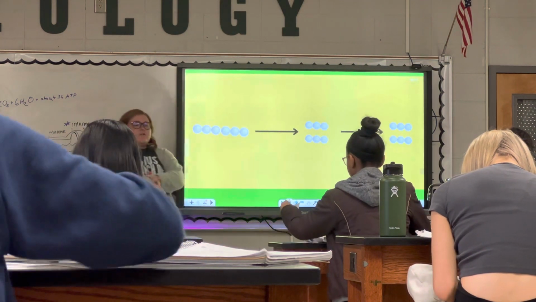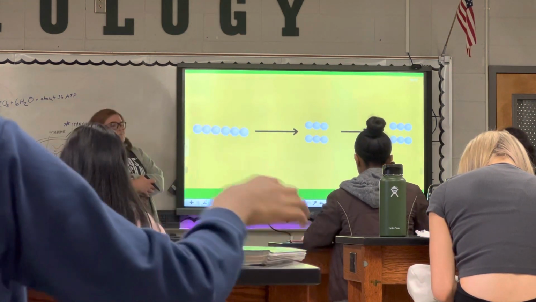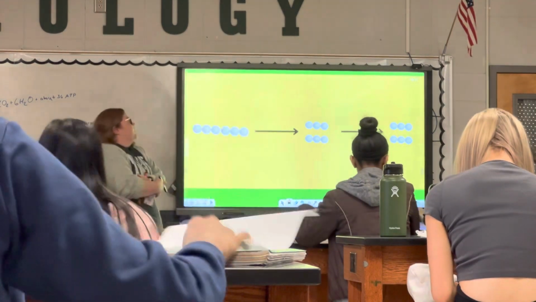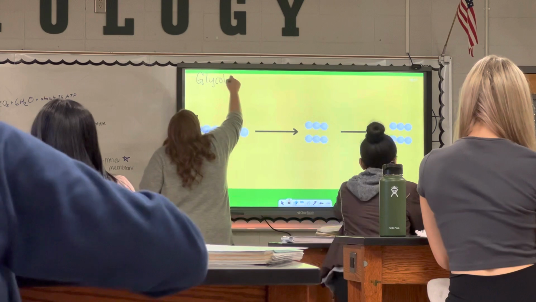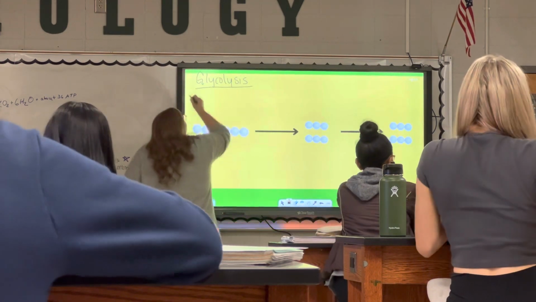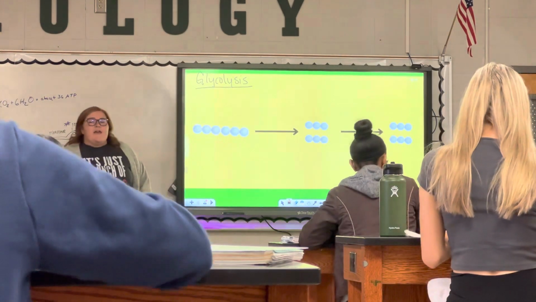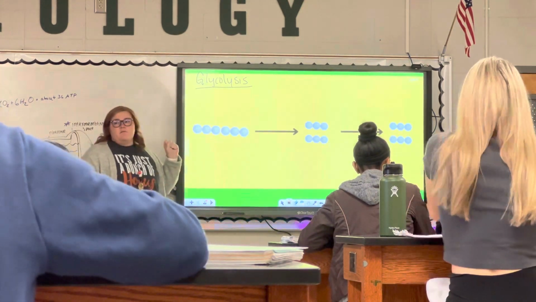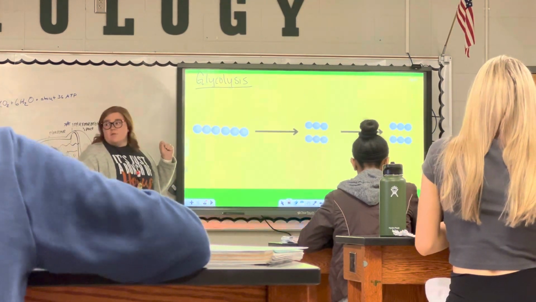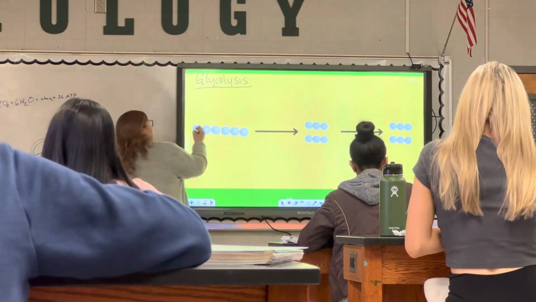We are going to start. So find this page. Again, these circles, what do they represent? Carbons, right?